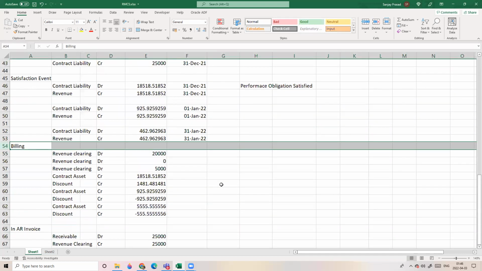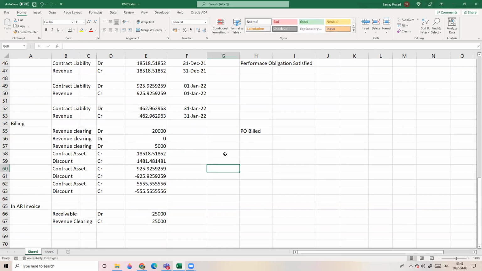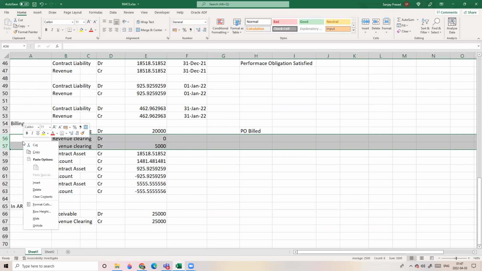At that time, performance obligation billed is the event. For that, accounting will occur in AR. And how will the accounting entry be? Let us first take an example for one item, and then we will see the complete accounting.